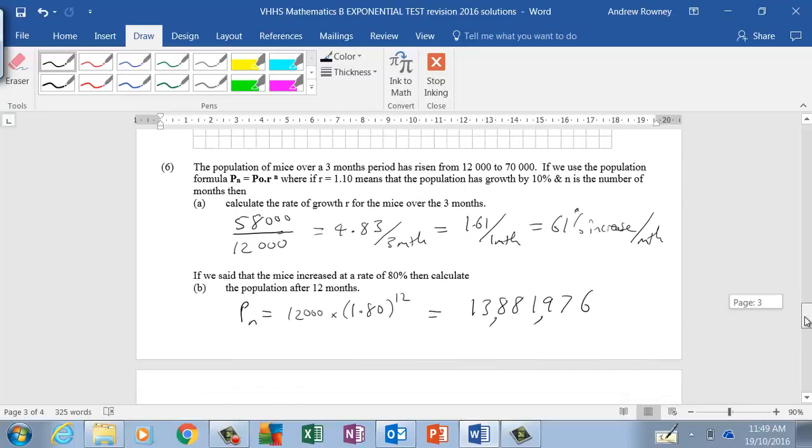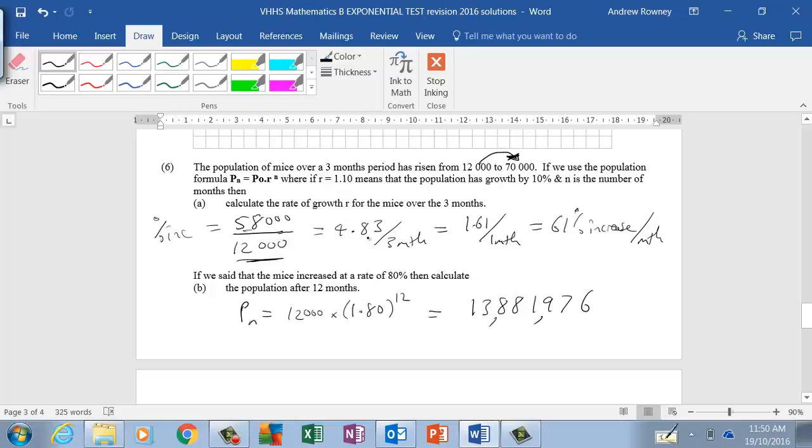And the last one is mice, population of mice. Calculate the rate of growth over the 3 months. Well, from 12,000 to 70,000 there's a 58,000 increase. So the percentage increase is 58,000 divided by the original 12,000.